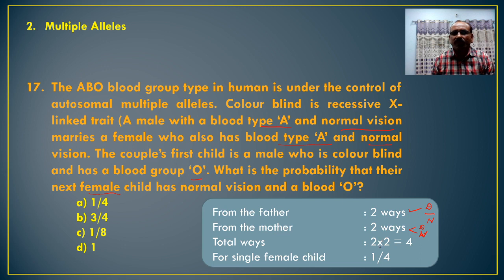Hence the total ways of formation of the child become 4. The question asks for the next female child with normal vision and blood group O, so 1 out of 4 is the probability. Hence the first answer, 1/4, is the answer.